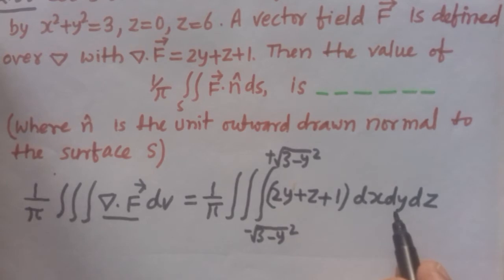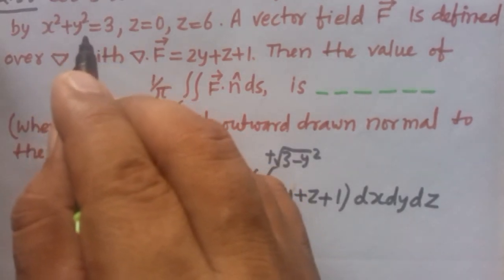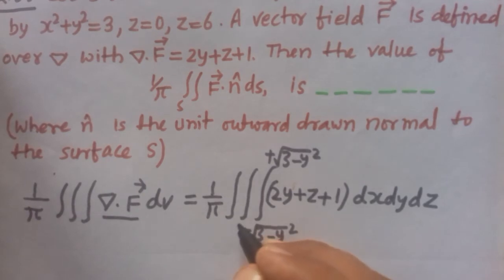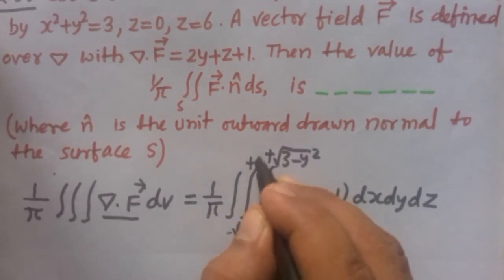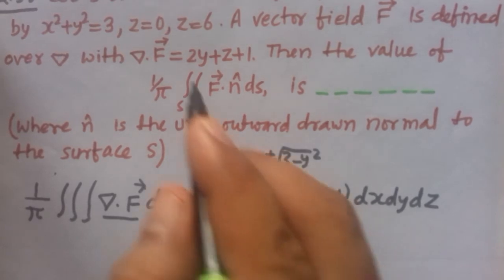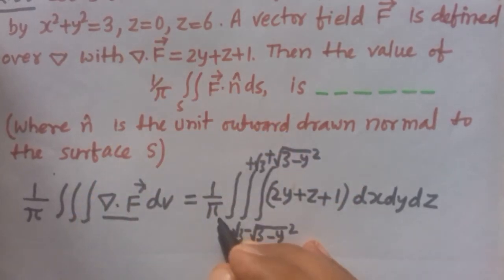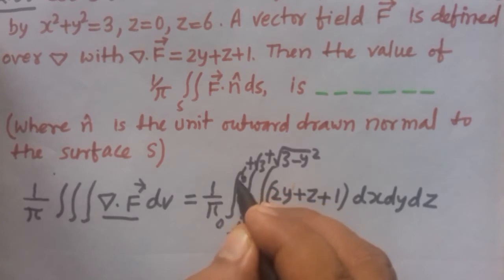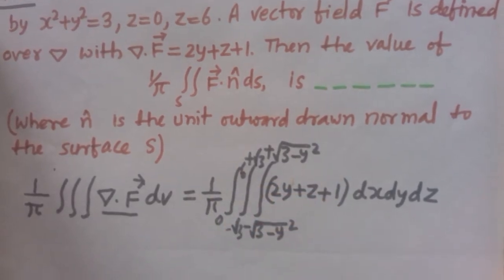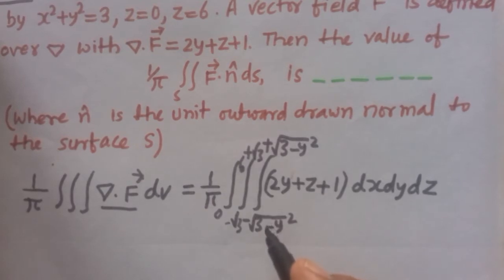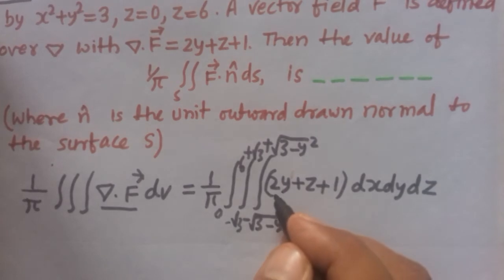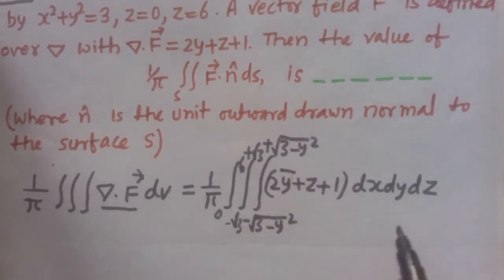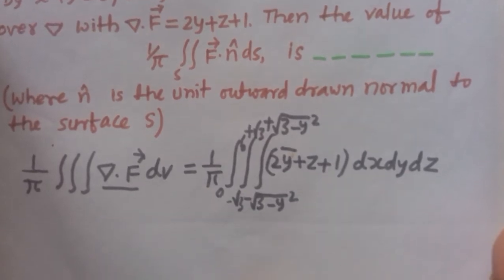Now for y, the minimum value of y will be minus root 3 and the maximum will be plus root 3, and z you see 0 to 6. Now you see that the first limit is the same but with opposite signs. So this thing 2y, sorry, we will go for this later in the step.